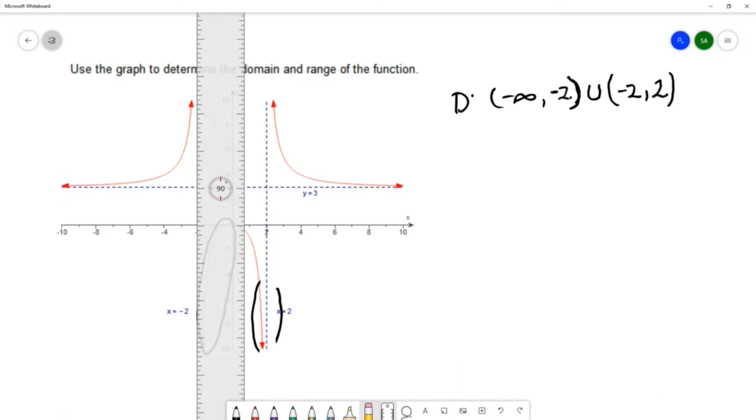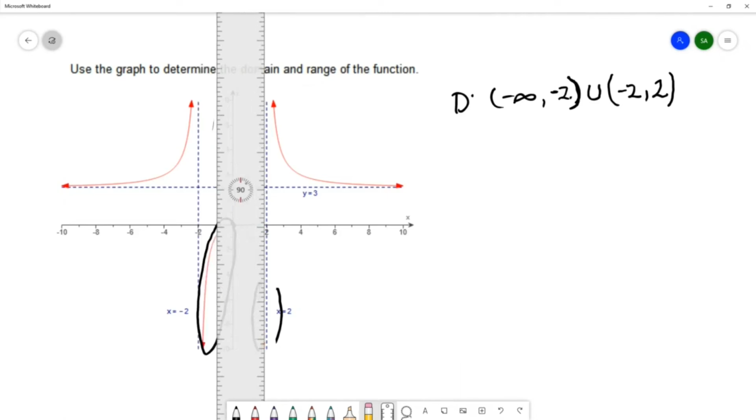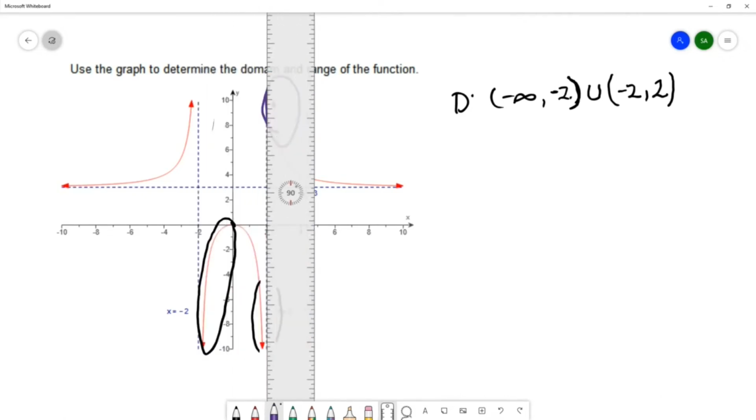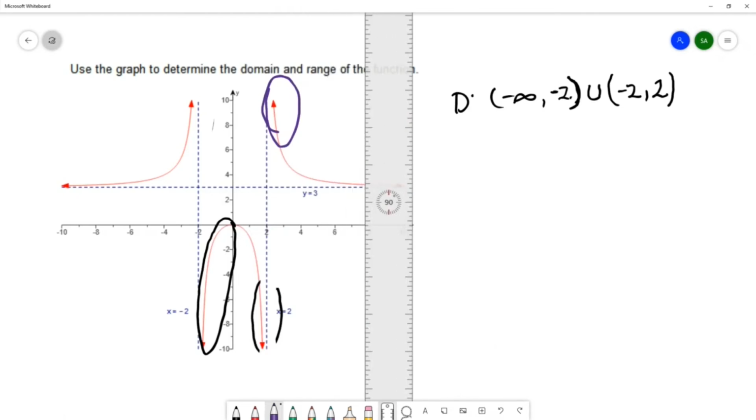So my domain takes a break at 2, but then right after 2, this piece of the graph continues. So from 2 to infinity, I have x values that are part of the graph. So this is my domain.